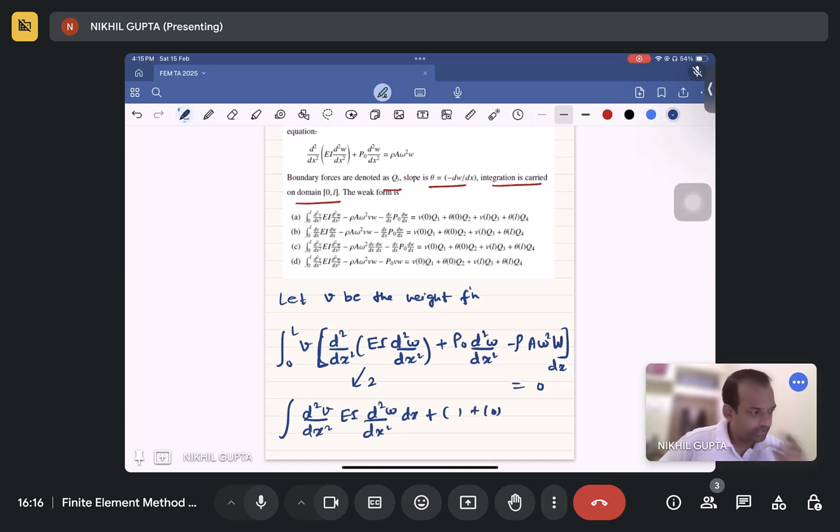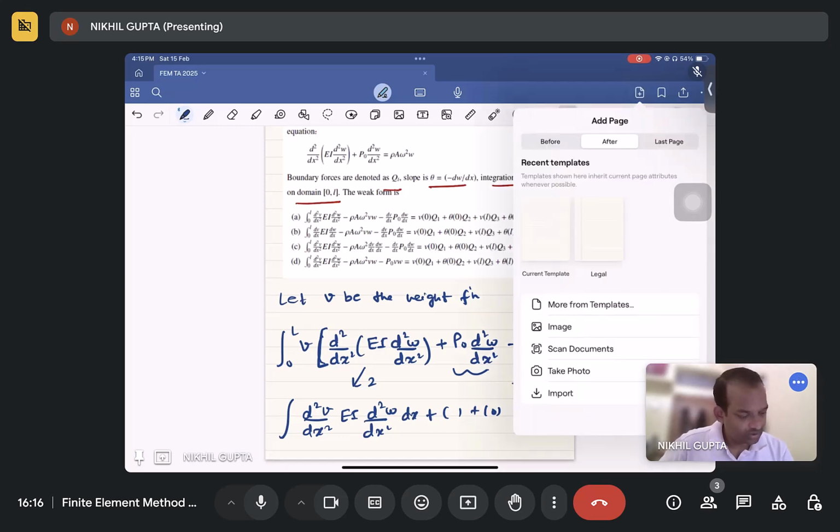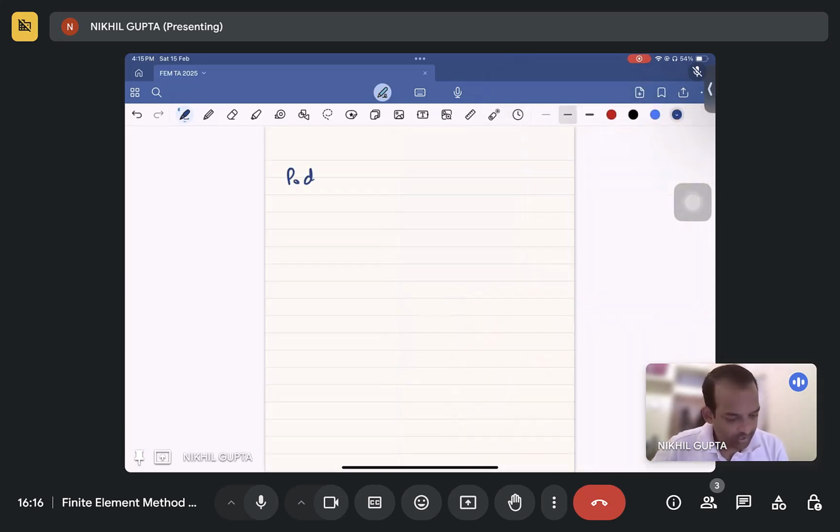And we need to do integration by parts here also. So P naught d2W by dx square will become minus integral 0 to L of dV by dx P naught dW by dx plus some boundary terms.